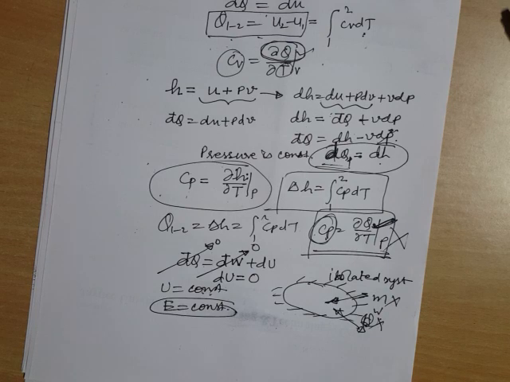That means quantity-wise energy can neither be created nor be destroyed. The quantity-wise energy of an isolated system remains constant. But what will happen, we will look later on when we talk of second law of thermodynamics, because energy is conserved quantity-wise, but quality-wise it always degrades.